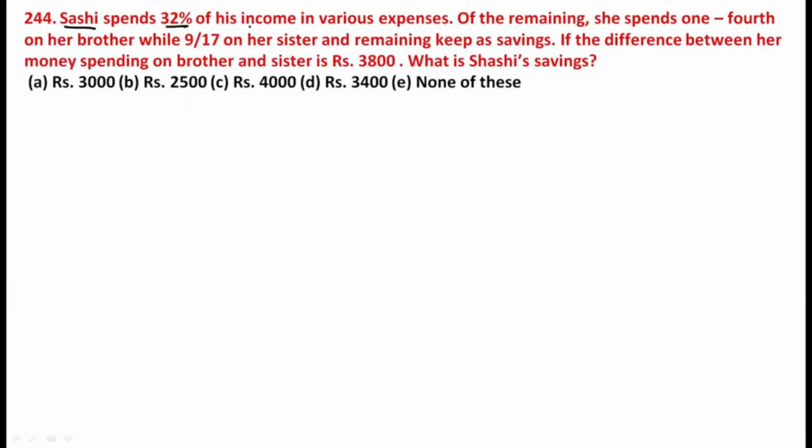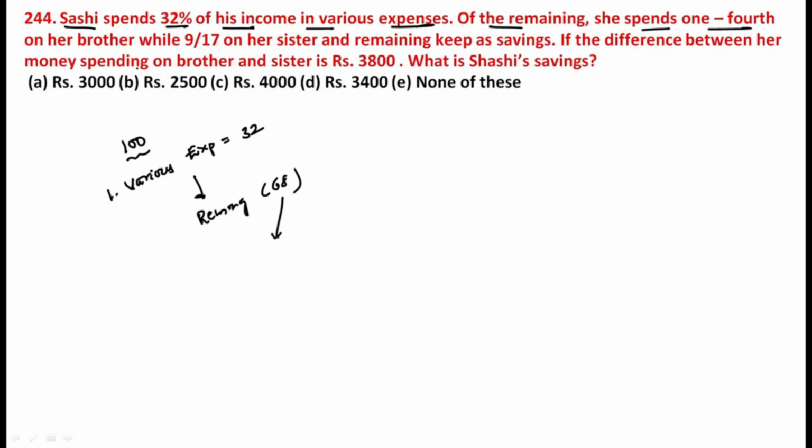Shashi spends 32% of his income on various expenses. Now I am taking the total salary as 100 units. So various expenses, 32% means 32 units. Of the remaining, see, how much do we have remaining? We are left with 68. Now she spends one fourth for her brother.